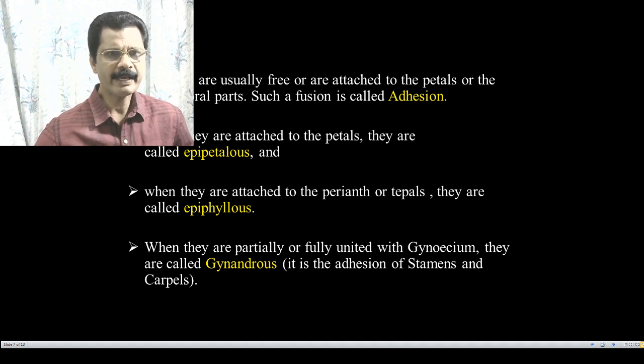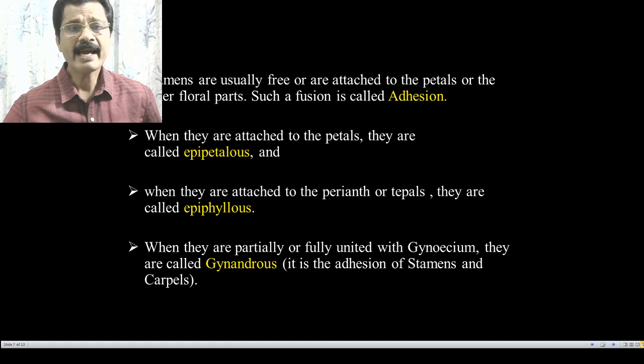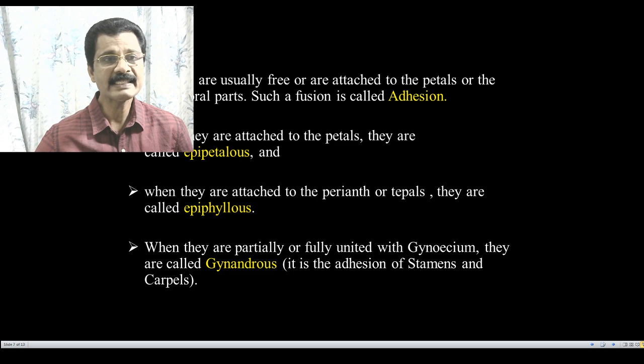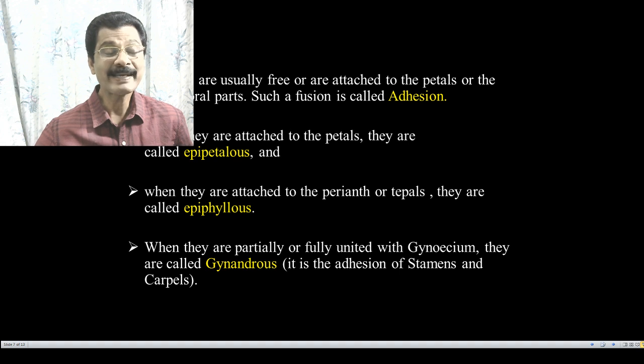Stamens are usually free. Sometimes they are attached to the floral parts, maybe attached to the petals or to the tepals or to the gynoecium, any floral parts. When they are attached to the petals, they are called epipetalous condition. Most of the gamopetalae show this epipetalous condition.